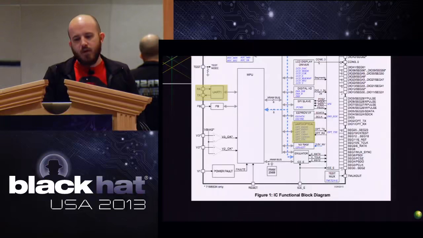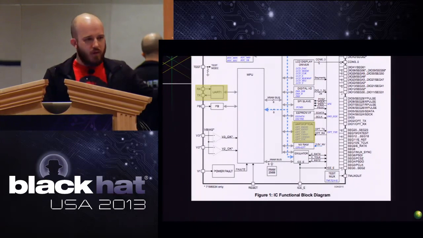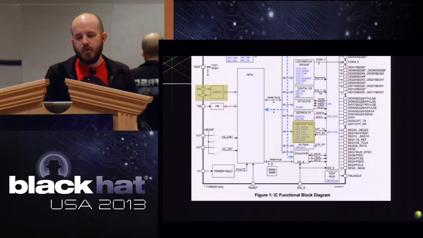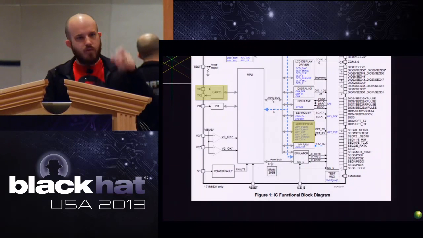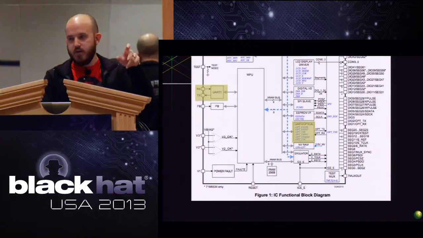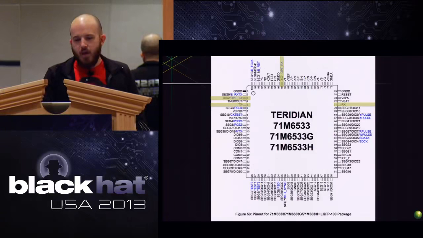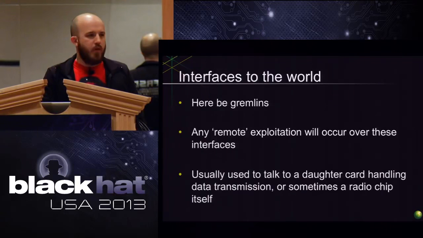All right, and then last case here, we'll talk about the interfaces into this guy. So you've got serial UARTs, or a serial UART that's just kind of standard like you would think, and then it also has hardware that's designed to speak to an optical interface on the outside. That's the looking into the eye of the meter, like Cutaways talked about last year, right? That's where they match on the pinouts. These interfaces are where all your problems are, right?